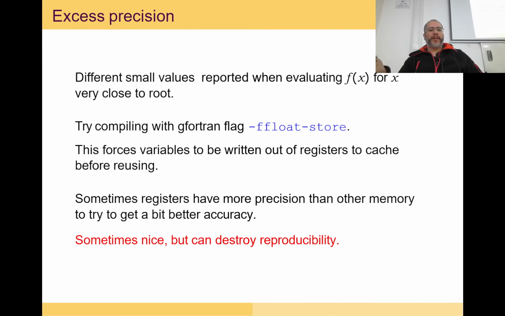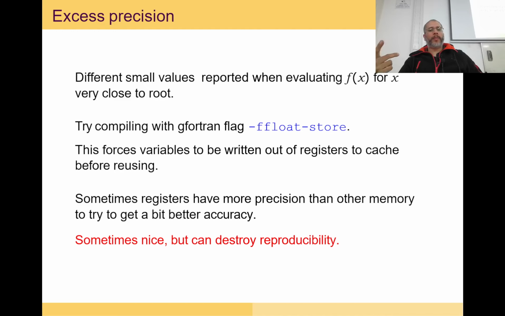The reason that is done is because you might want to do many things with the number, and since registers are a very small amount of memory, why not have some larger precision there? If a number is being used for many operations and you have a larger precision, you can do a more accurate calculation. So if you're doing many operations before you send the number back into the cache or memory, then you can have a more accurate arithmetic.